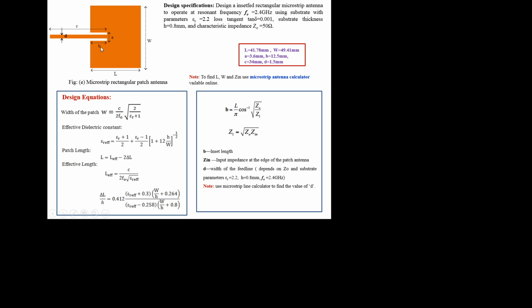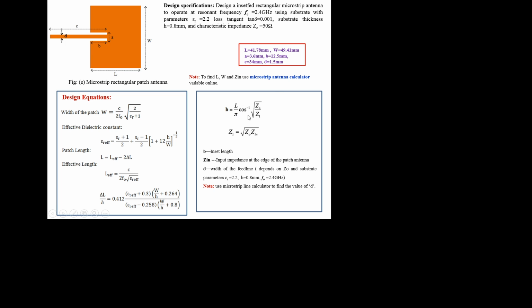We observed when b is equal to 12.5 mm, instead of 9.25, if you keep b equal to 12.5 mm, we got a maximum radiation from this antenna. Through simulation we can do that. So I have taken b here as 12.5 mm.